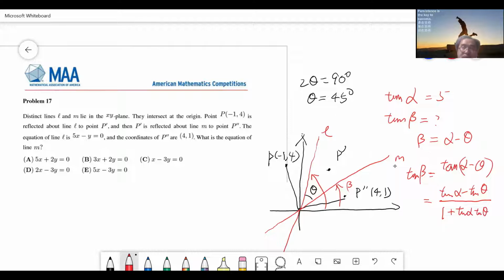So I just let you know this theta is 45 degrees, then tangent 45 degrees equals 1, right? So we just find this equals 5 minus 1 over 1 plus 5 times 1, which equals 4 over 6, or 2 over 3.